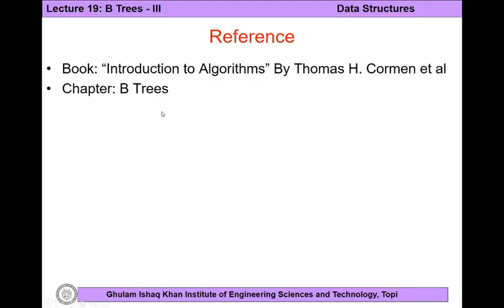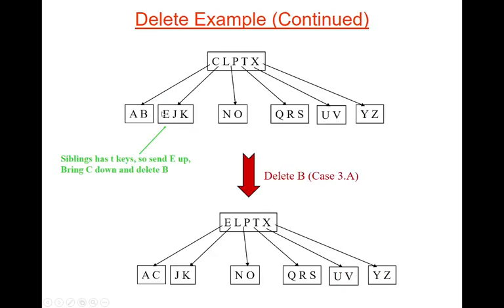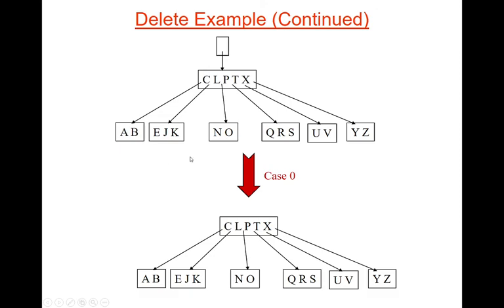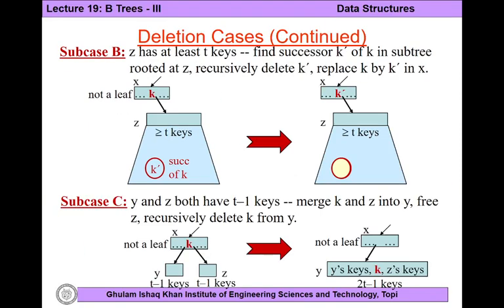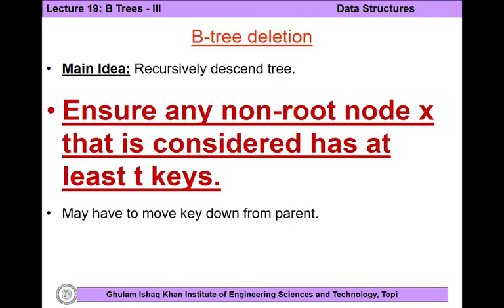So I hope you have got an adequate idea of the insertion of nodes in a B tree and deletion of nodes in a B tree. There is no code which we are going to write, although we can code it, and B trees have been programmed in various languages, but in this particular course we are not going for coding the B tree.